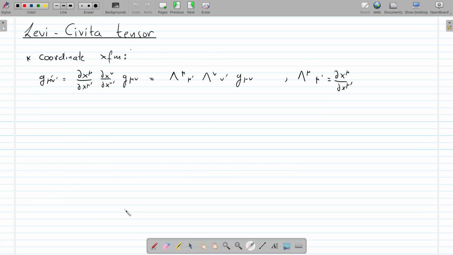So let's see how the tensor behaves under a change of coordinates. The coordinate basis is changed, and the coordinates are x mu and x mu prime respectively.